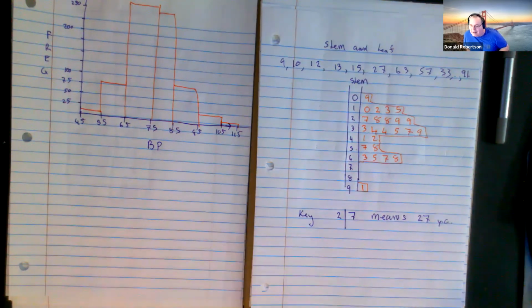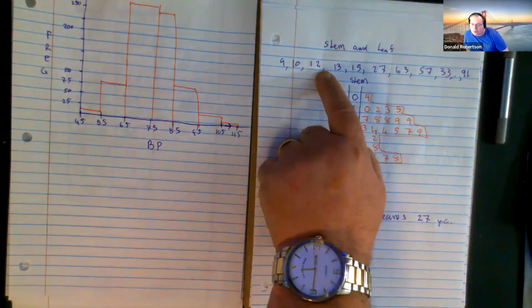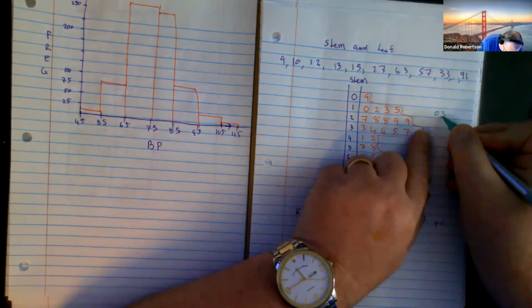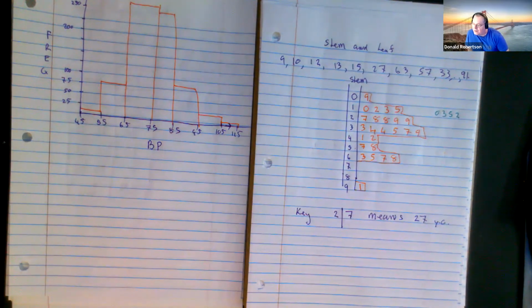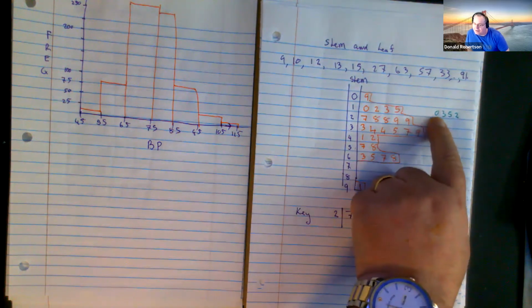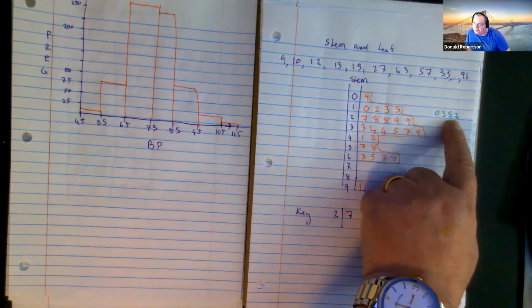The next drawback I deliberately made not happen here. But if you just have your data jumbled up, couldn't you quite easily get, for instance, this set of data might have come up like that? Couldn't that have been the order that I read them? But when you make a stem and leaf, you have to put them in order from smallest to biggest.